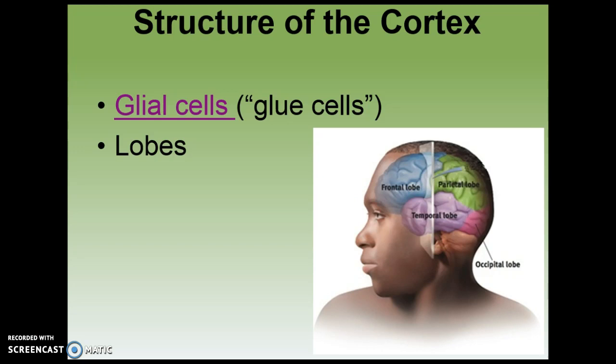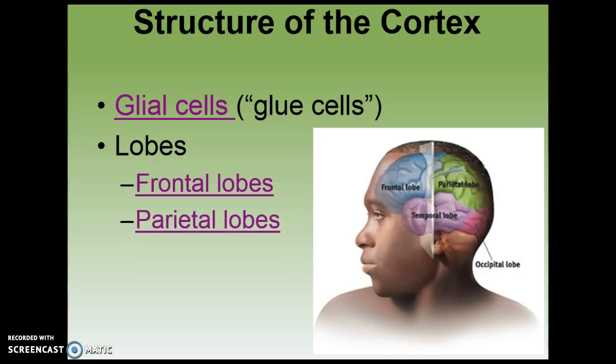Each hemisphere's cortex is subdivided into 4 lobes, separated by prominent fissures or folds. Starting at the front of your brain and moving over the top, there are the frontal lobes, which are right behind your forehead. The parietal lobes at the top of the rear.